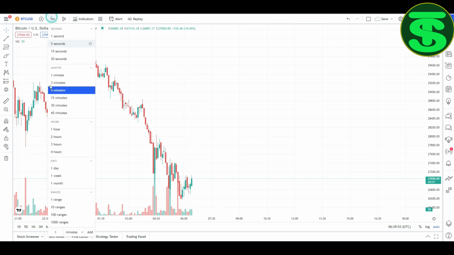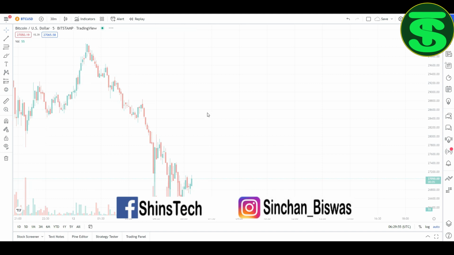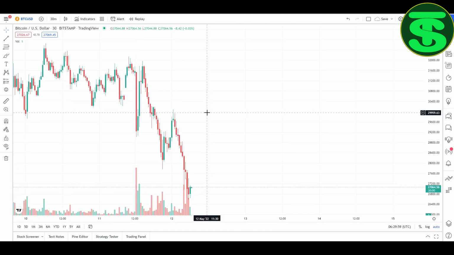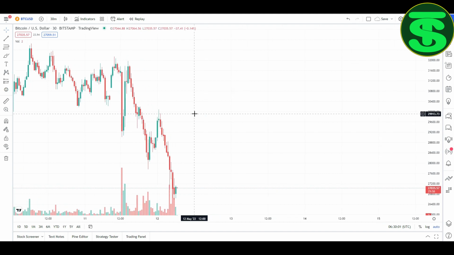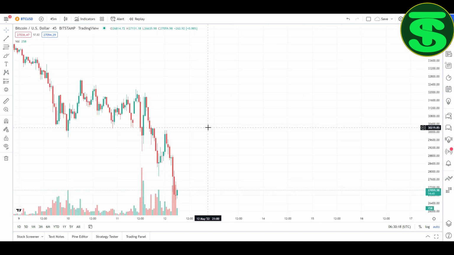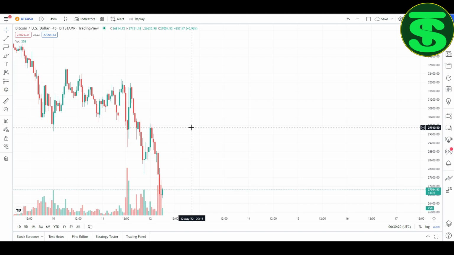If I go to the 30-minute chart, look, the market is going down, but sometimes later it is going to go up, I think. If I go to the 45-minute chart, on the last 45-minute chart, the market is going up.